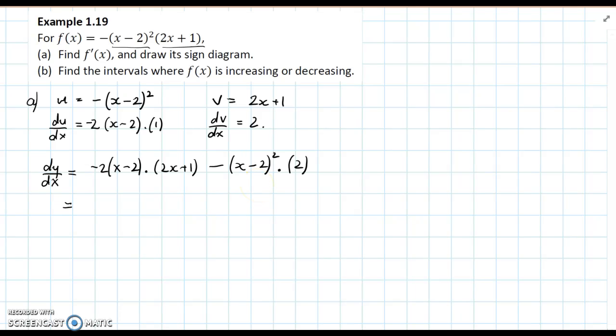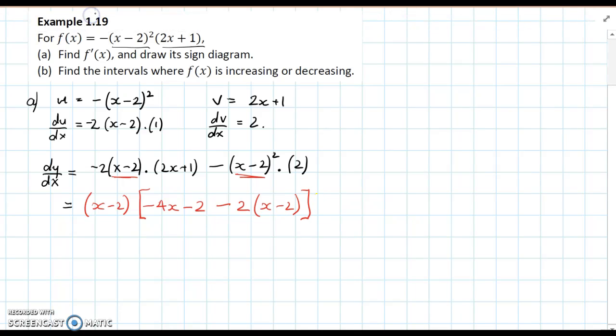If we look closely, we can see that there is a common factor in both of these terms. So if we were to take that common factor to the front, we would be left with negative 4(x take 2). And in the second term, we would have take 2 lots of the second set of brackets of (x take 2).